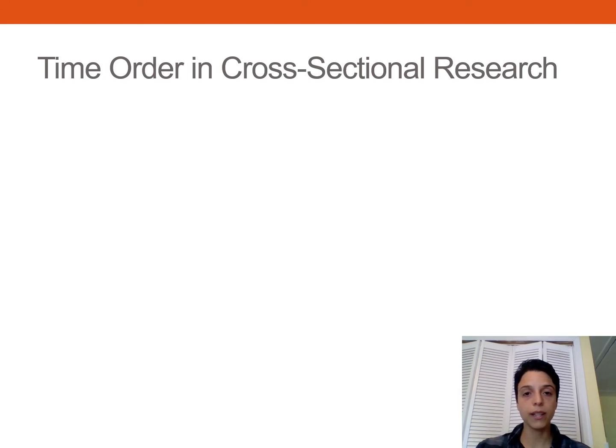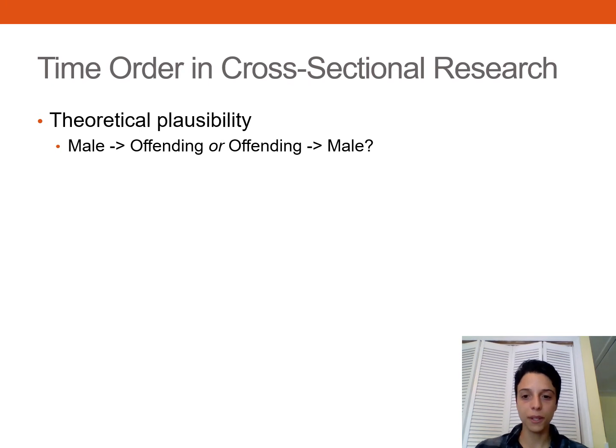So if you're ever working with data like this, you have to think about time order in a slightly different way. One way just comes from theoretical plausibility. In other words, does it make any sense to consider the time order in one way versus another way? An example of this is the relationship between gender and offending. So it's pretty well established that men engage in more crime than women.